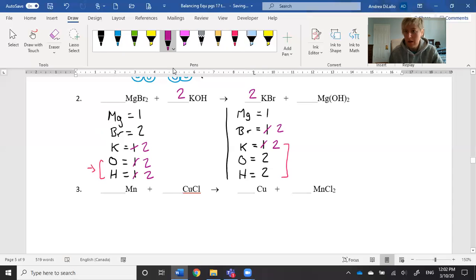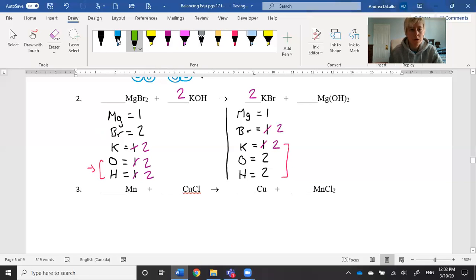And when I go and check my counts, my magnesium, 1 on my reactant side, 1 on my product side, magnesium is balanced. Bromine, 2 on my reactant side, 2 on my product side, bromine's balanced. And if I looked at potassium, oxygen, and hydrogen, they're all now balanced. So what I have right here is now my balanced chemical reaction.